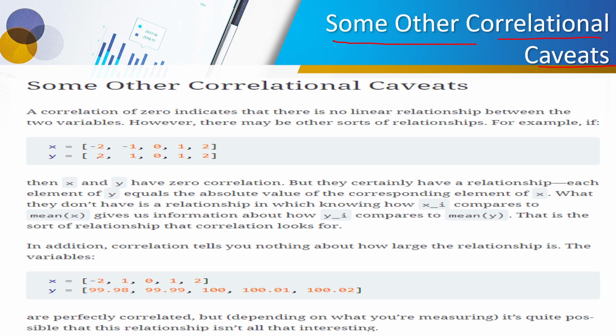See, if X is -2, Y is 2. If you see -2 and 2, they are opposite; one is negative, one is positive. This is -1, 1, negative and positive. 0, 0 is also okay, but if it is 1, then with respect to the first pattern, this value should be -1. If it is 2, it should be -2, but it is not the case.